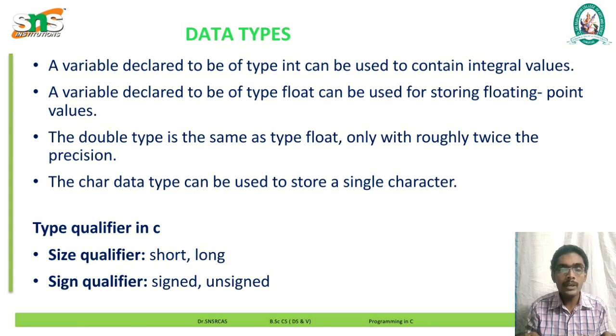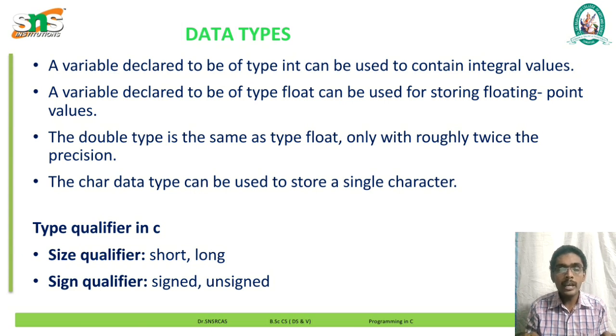The double type is the same as type float, only with roughly twice the precision. The char data type can be used to store a single character, such as the letter A, the digit character 6, or a semicolon. Similarly, a variable declared as char can only store character type values.